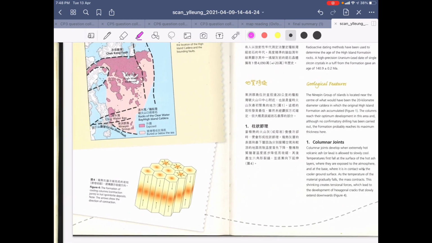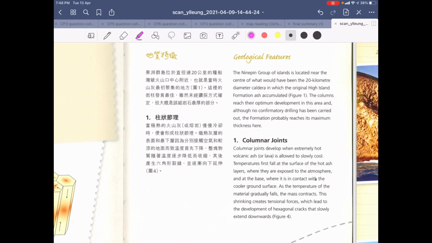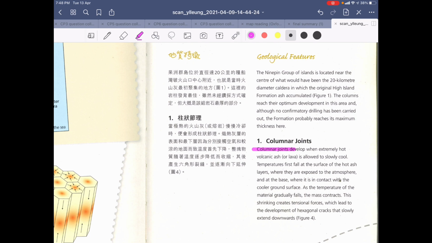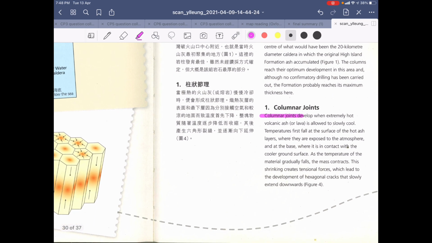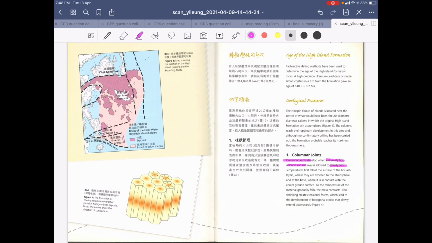Okay, and right here you can see the columnar joint, with the extremely hot volcanic ash cooling down quickly. Indeed it is quick, compared with granite. Although the book shown right here talks about slowly, it indeed is quickly.